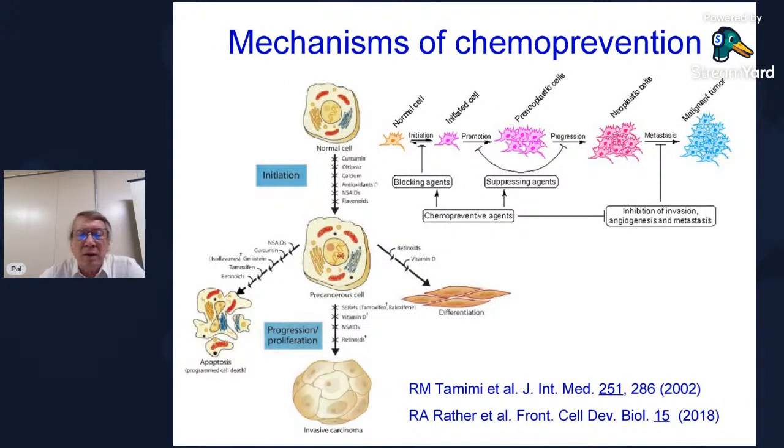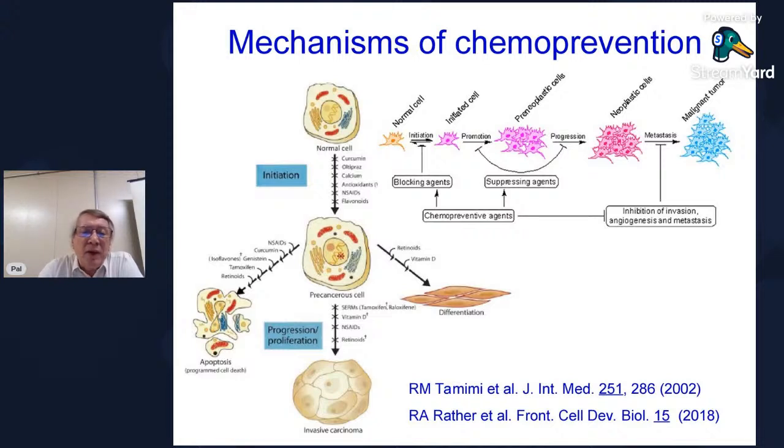Let's see what the main mechanisms of chemoprevention are, taking into consideration the previously mentioned chart showing the progress of chemical carcinogenesis. So the normal cell, in the initiation step, is damaged by a carcinogenic initiating event, which can be an electrophilic chemical.